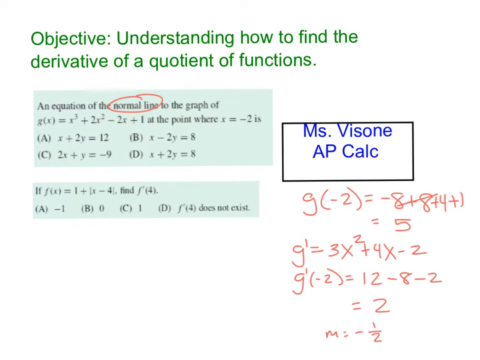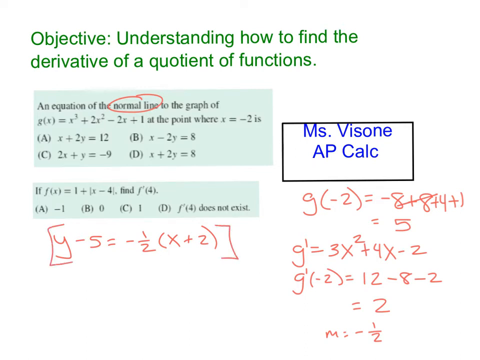Now this one's slightly annoying because normally I can just write y minus 5 equals -1/2 times x plus 2 and be done with it. But that's not going to work here because I have to write it in standard form. So I'm going to multiply everything by 2, or -2, it doesn't really matter.